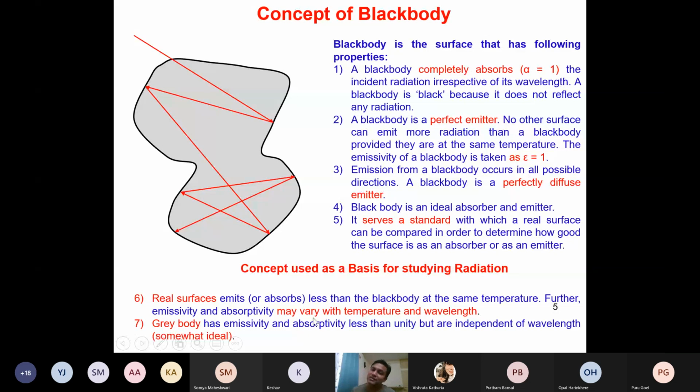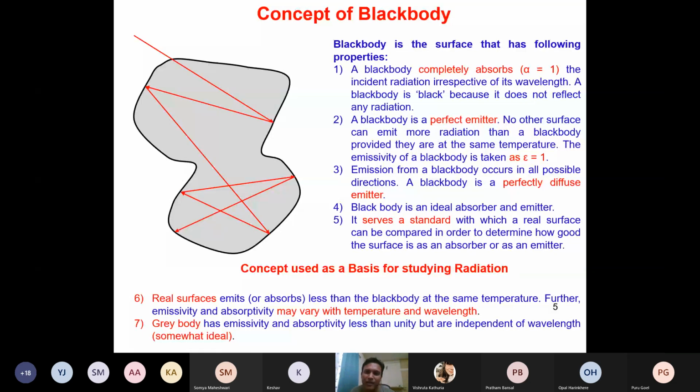Okay. There is another body which is in between the real and the black body, and that body is referred to as a gray body. I think they have just literally given that name. So a gray body is in between real surfaces and a black body. Why are we saying that it is in between?